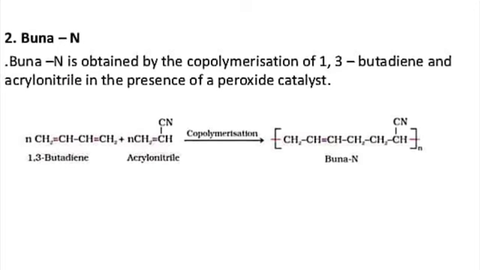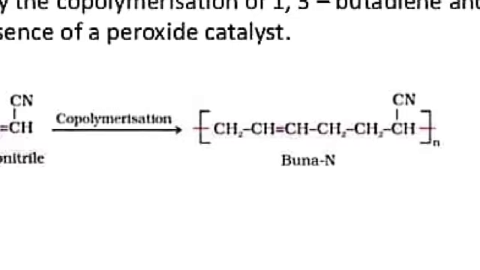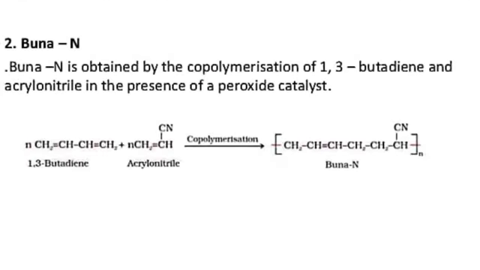Bu for butadiene, Na for sodium, N for acrylonitrile. So butadiene with acrylonitrile, you get Buna N. It's a copolymer, two different monomers, but nothing is eliminated. So it's an addition polymer. A free radical mechanism may happen, a chain reaction is taking place, but two different monomers are reacting. So it's a copolymer.